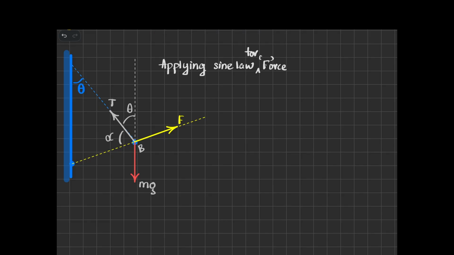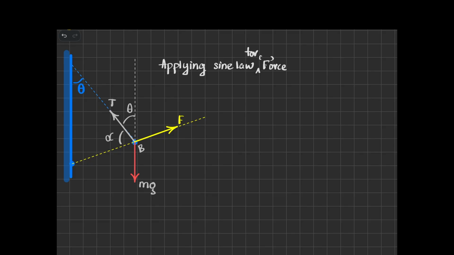If we consider the three sides, the triangle is an enclosed triangle. So in that case, we can apply sine law for the triangle using the side lengths. And also we can apply the sine law, or Lami's theorem, using the three forces. If there are only three forces and all three are coplanar and the resultant is zero, meaning the system is in equilibrium, then we can apply sine law for the forces as well.